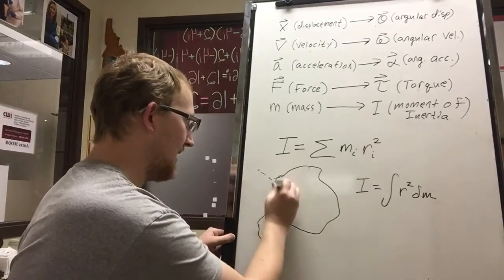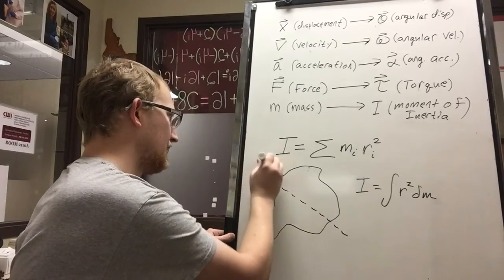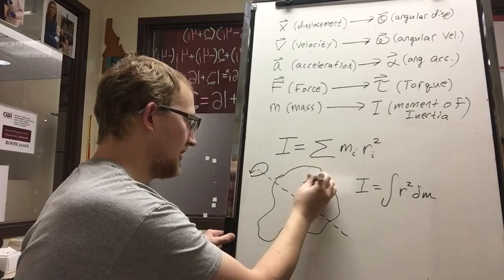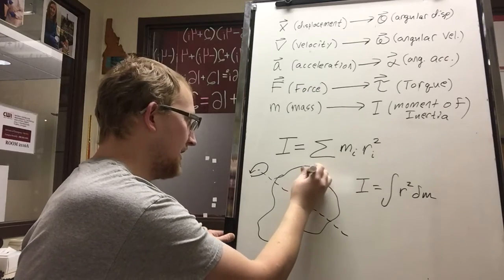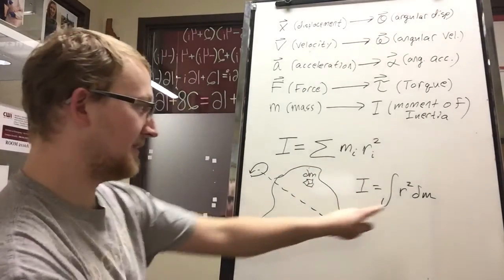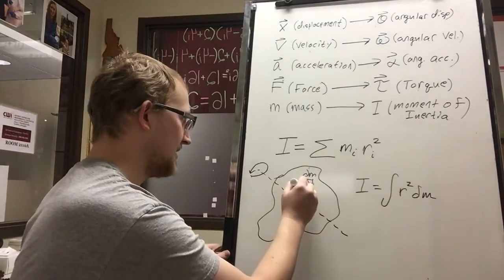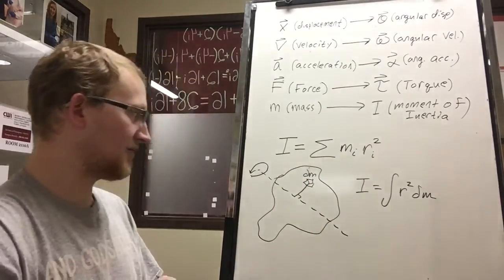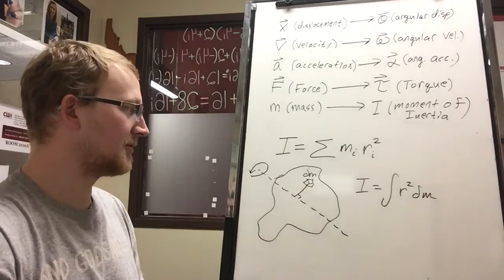So let's say I want my axis of rotation to be here, and I'm going to look at my small infinitesimal chunk of mass over here, dm, and this r squared is going to represent that orthogonal shortest distance from dm to the axis of rotation.